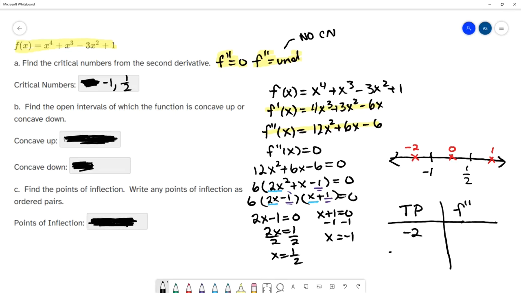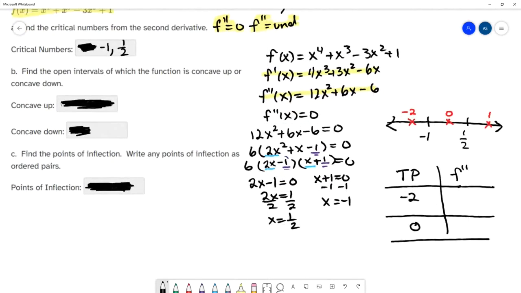We've got -2, 0, and 1. So we'll plug that into our second derivative. I'm going to plug it into the factored form of the second derivative. It's usually easier to tell the sign if it's in factored form.